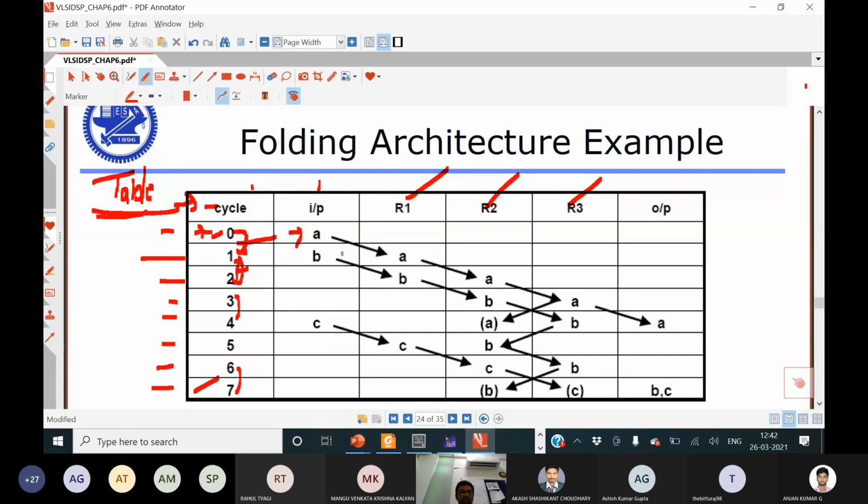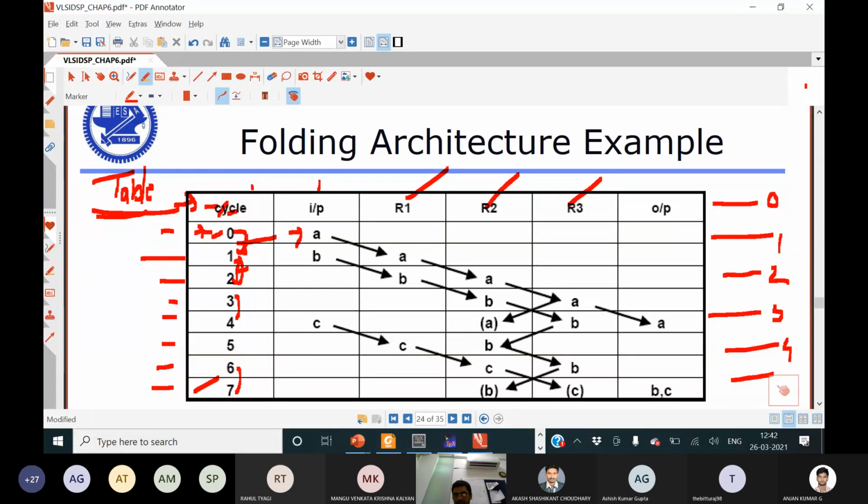If you observe, this is slightly confusing. This is time instance 0, 1, 2, 3, 4, 5.